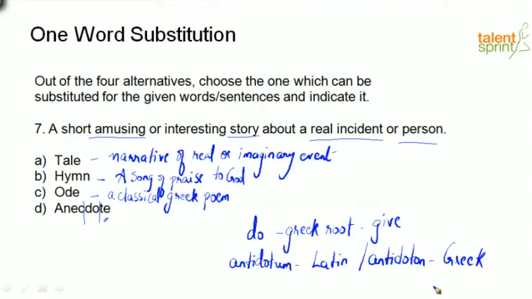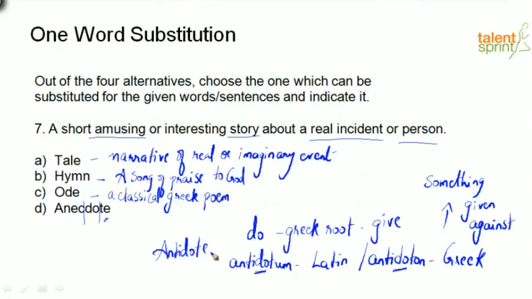Now these have the root do, and both of these mean something given against. So something given. Let's look at words that have do. I can say antidote, which is again something given.